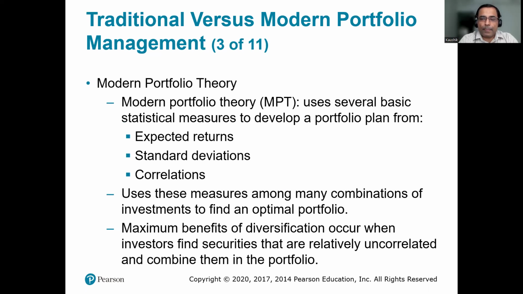So using those assets and the information about them, we try to create different combinations and try to find an optimal portfolio among those combinations. We generally see that the maximum benefit of diversification occurs when the securities are relatively uncorrelated.